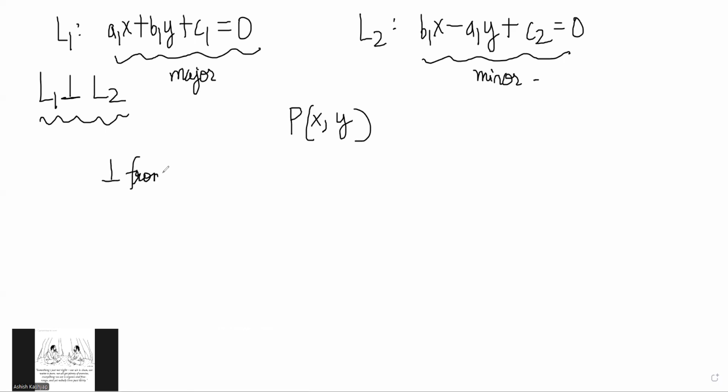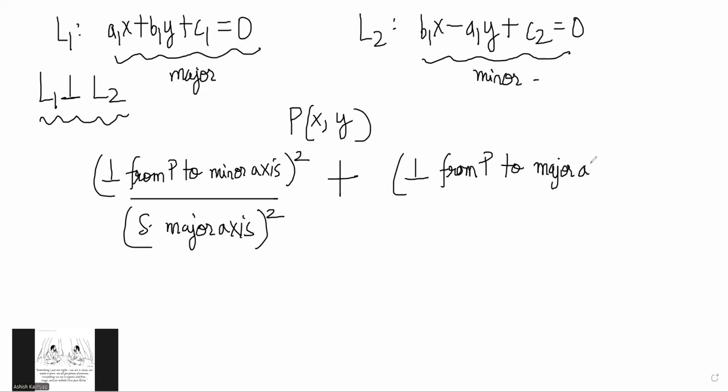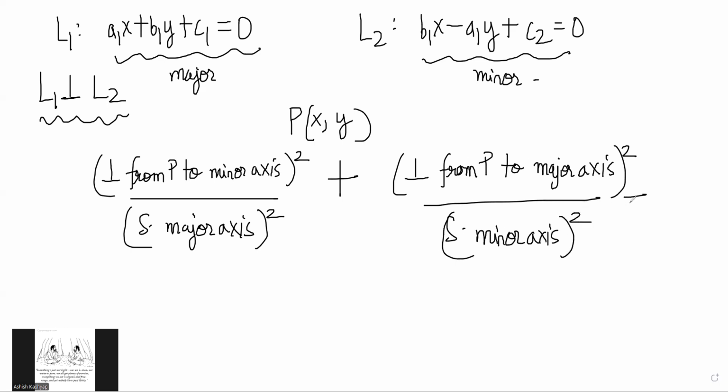Perpendicular from P to minor axis whole square divided by semi-major axis square plus perpendicular from P to major axis square divided by semi-minor axis square, that is equal to 1.